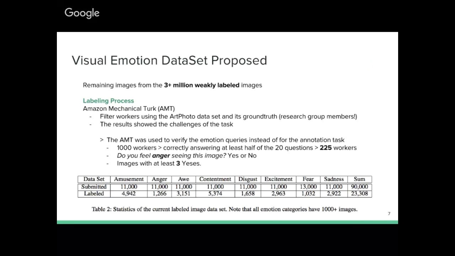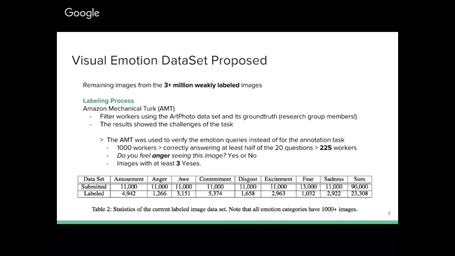So instead of using Amazon Mechanical Turk to label the images and base the labeling on the possible workers, they use the tool to verify the queries they were using to look for the images. They selected 1,000 people, and they were answering, is this image representing happiness or contentment or anger for you?